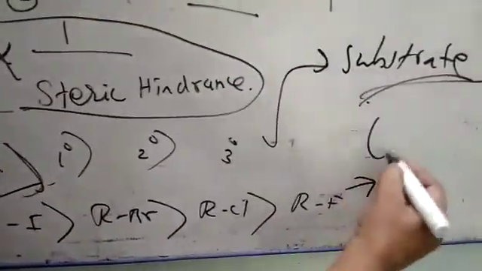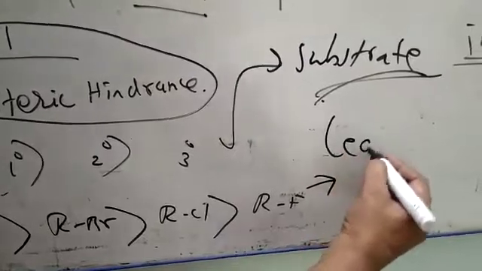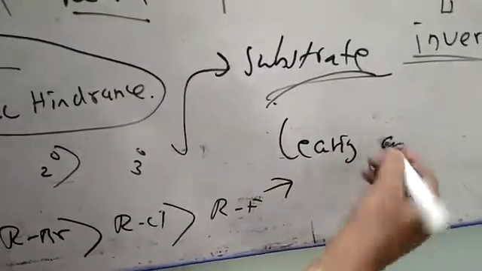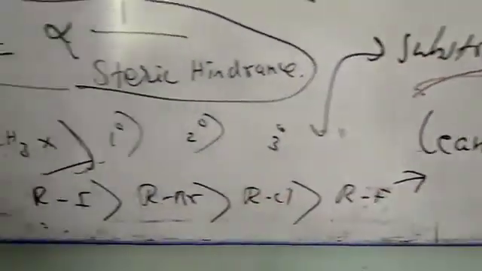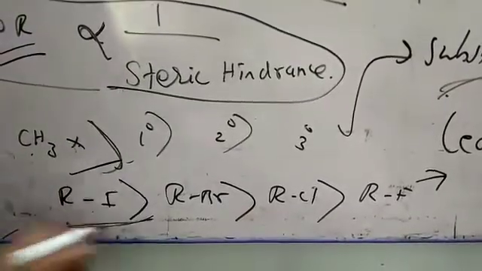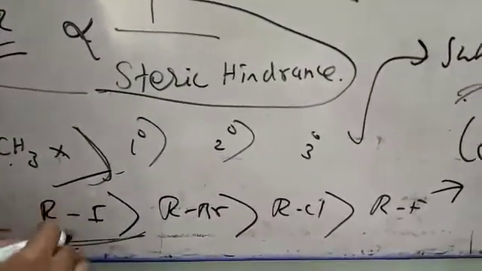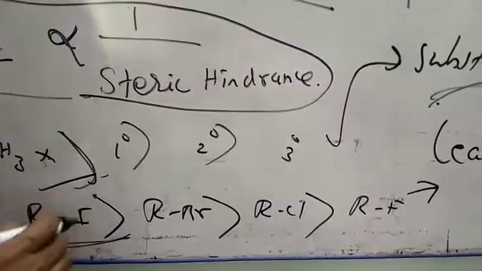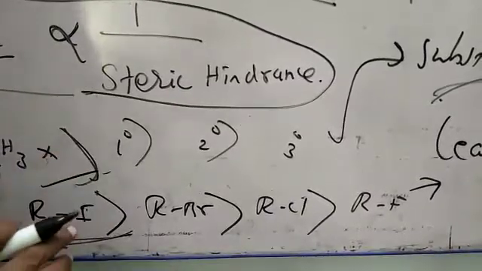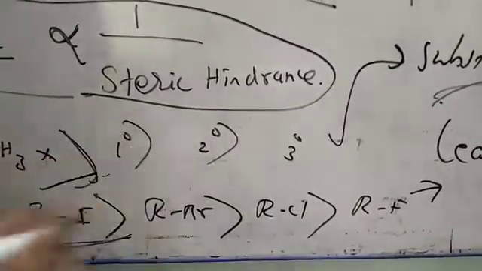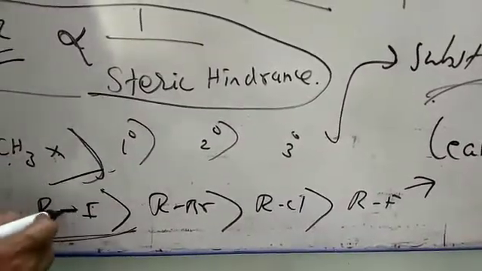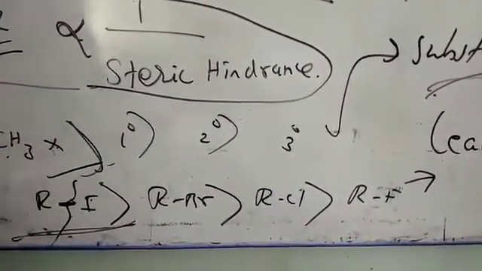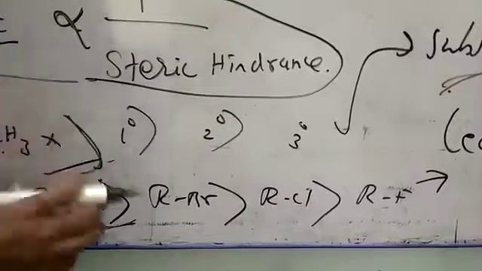Now this is based on the leaving group. Leaving group means the group which is moving away. Based on the leaving group, the fastest one is iodide. Because I minus is the best leaving group because of its bigger size. This is the weak bond, and the minimum energy is taken to break it, so it is fast in action.